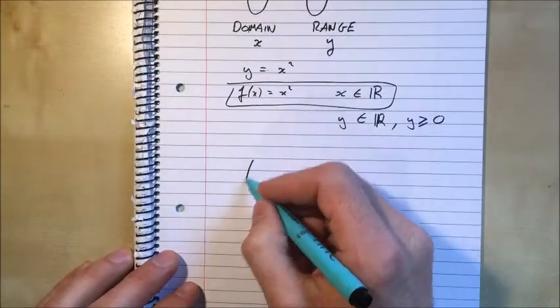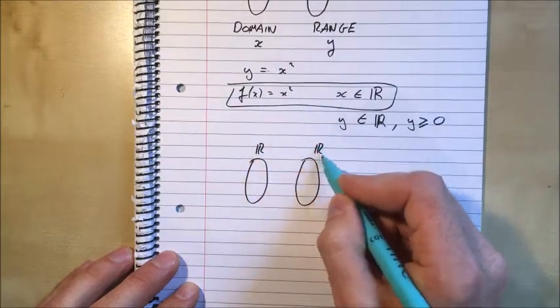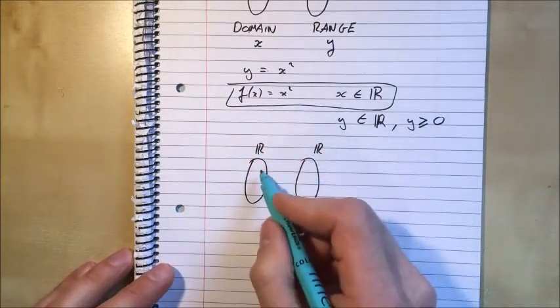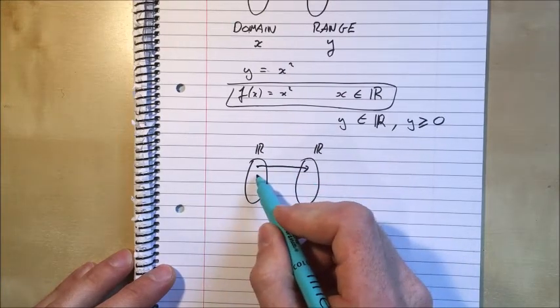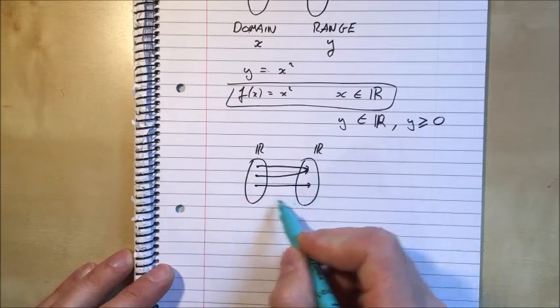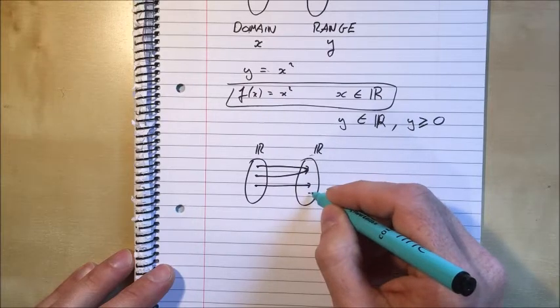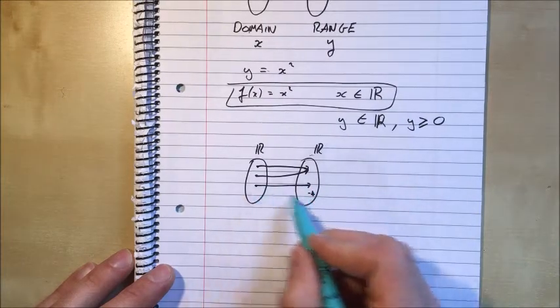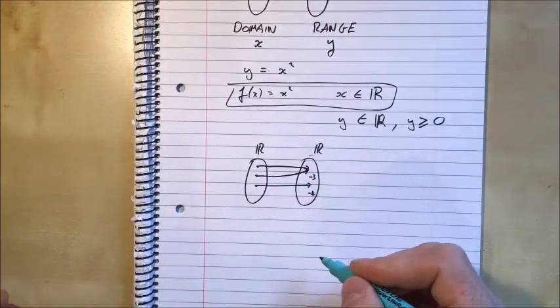Now, it's sometimes helpful to picture having real numbers here and real numbers here, and let's say I'm taking this function x squared, so 2 squares and gets 4, minus 2 squares and gets 4 as well, 3 squares and gets 9, but somewhere in this bag over here is a minus 4, which just never gets mapped to, and somewhere over here in this bag is a minus 3, which never gets mapped to, okay?